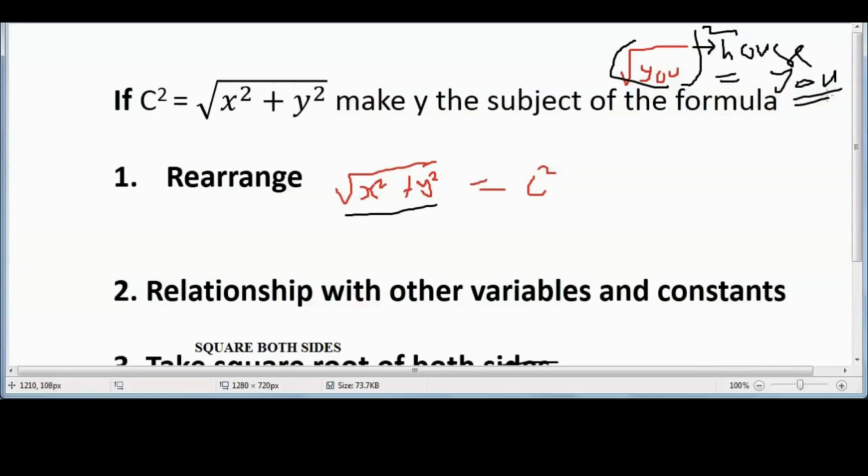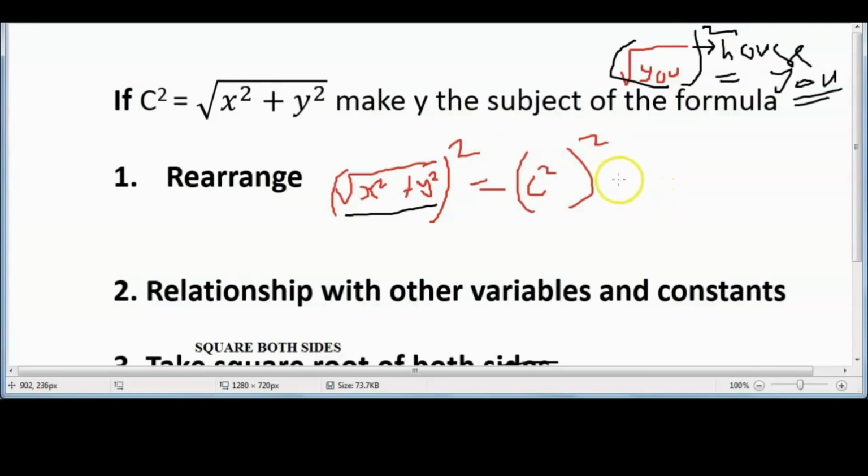So back to our calculation. x squared plus y squared, squared, is equal to c squared, squared.